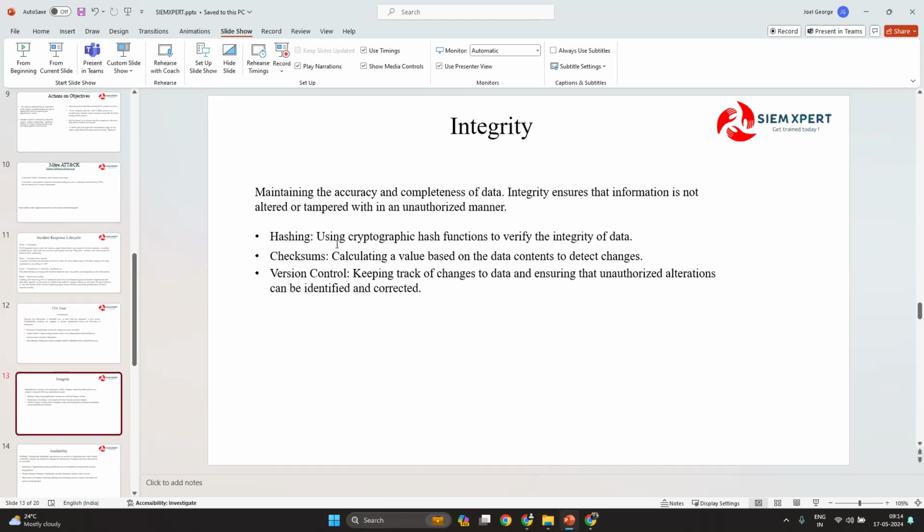So it is basically to maintain the accuracy and to understand if unauthorized change of data was involved. Now, how would you do this? Hashing.